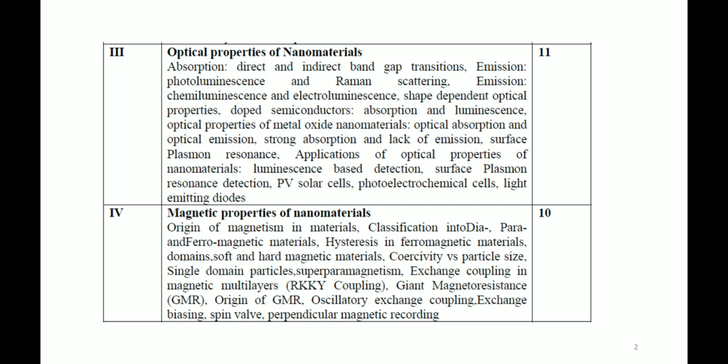Then there is a resonance and there is a change in the amplitude of the plasmon resonance. So that belongs to the surface, and that we are trying to understand in this chapter.